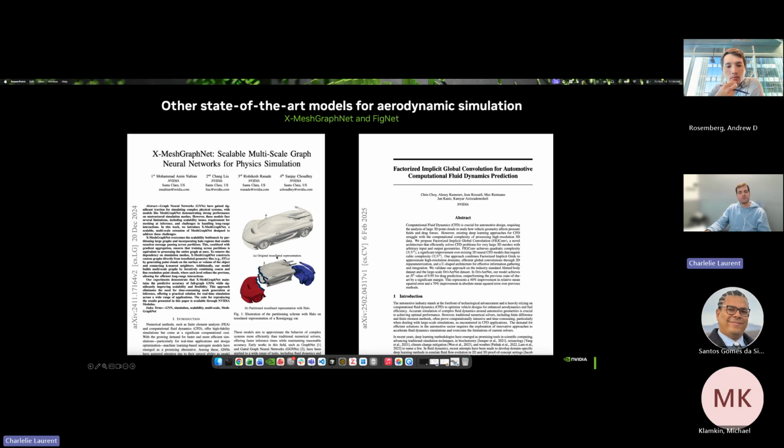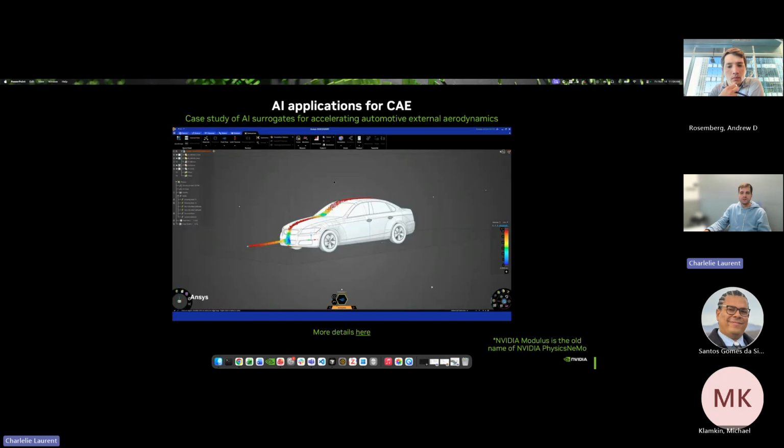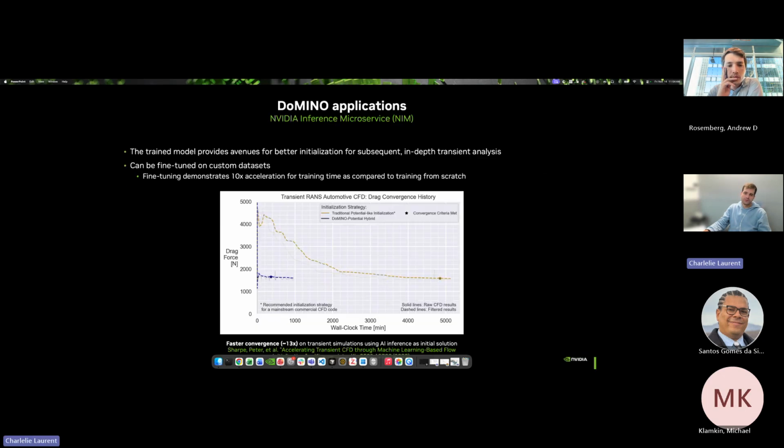The way it works, you see, the approach of DoMINO to represent the complex geometry is that you need to do an encoding of the point cloud, and then you pass this to a neural operator.